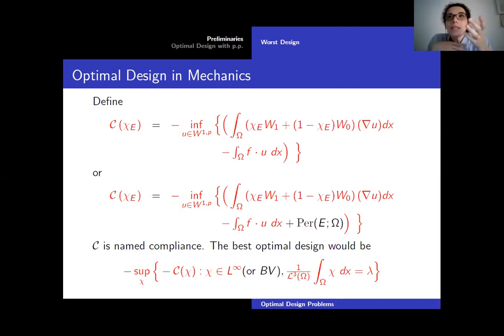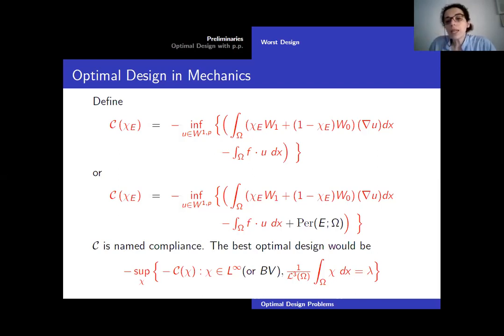Actually, this is something that cannot be done through the direct methods because this is a max-min problem, but at least the direct methods allow us to understand which are the worst possible designs.